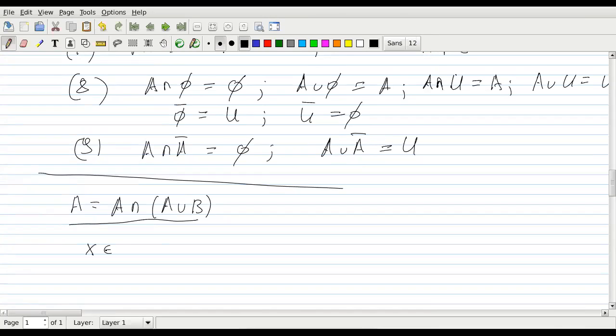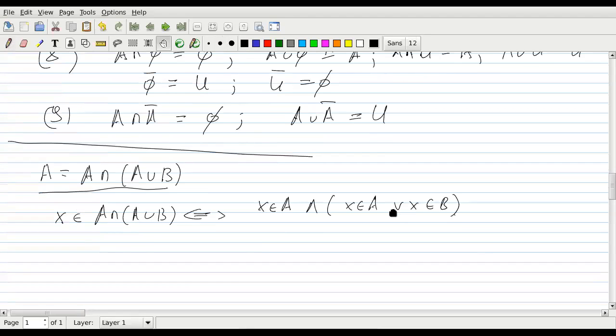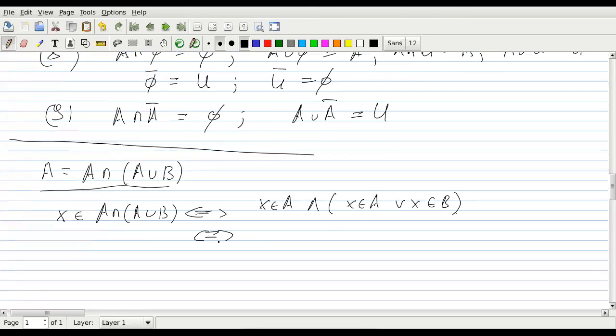What does it mean that X is an element of this intersection? Two sets are equal when every X is an element of one set if and only if it is an element of the other one. That means that X is an element of A and X is an element of A or X is an element of B.